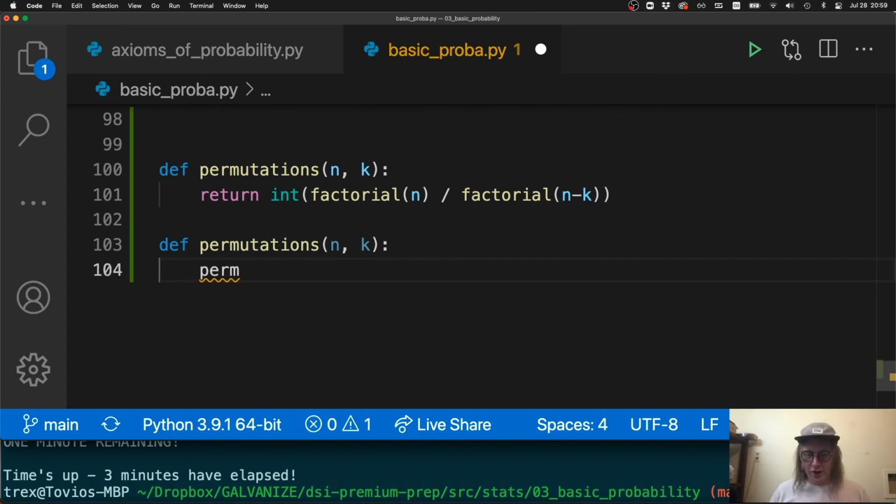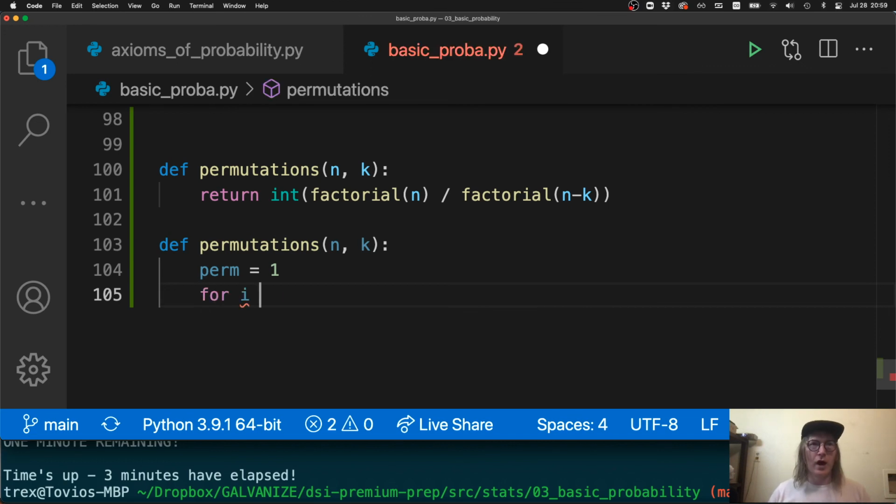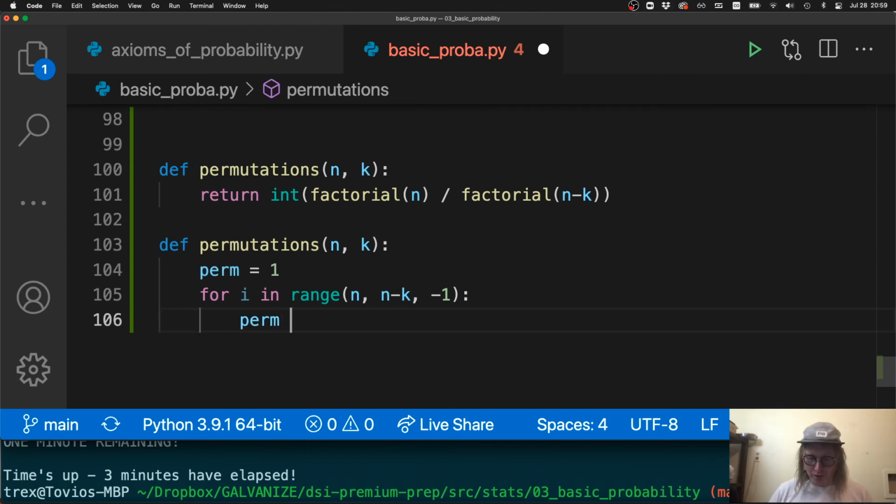where we start our permutations at 1 and we treat this a little bit like factorial. So I'm going to say for i in range, I'm going to go from n, so the actual value of n, down to n minus k. So I'm implicitly performing that reduction, that fractional reduction, and for each of those, I'm going to multiplicatively increment the number of permutations, and we can return permutations like that.